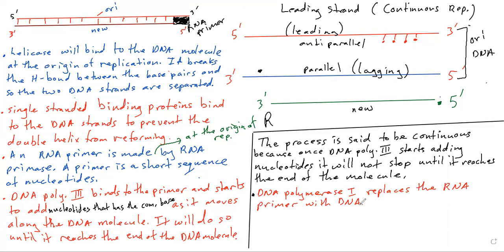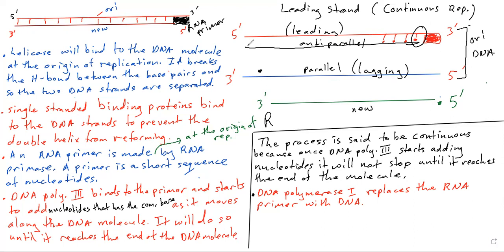All right, so quickly again, with continuous replication, once the strands have been separated, an RNA primer is placed where you have the origin of replication. Once you have the primer, DNA polymerase will bind, move along the DNA, and just add the complementary bases, right? And that's it.